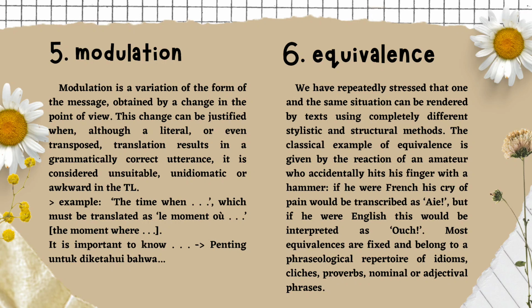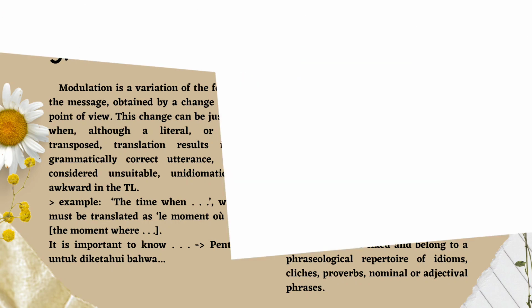If he were French, his cry of pain would be transcribed as "aïe", but if he were English, this would be interpreted as "ow". Most equivalents are fixed and belong to a phraseological repertory of idioms, clichés, proverbs, and nominal and adjectival phrases.